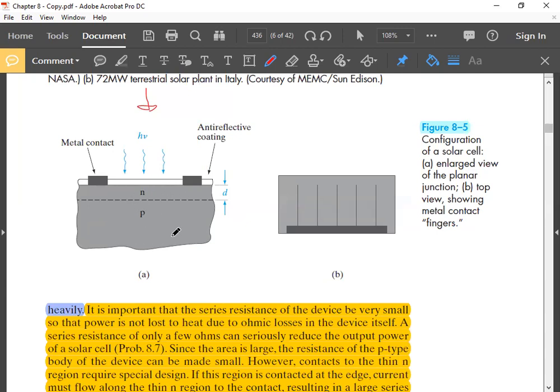Far from the surface, a very small number of photons can reach, since before they get there they will be absorbed. So the thickness of the p layer has to be adjusted considering this optical penetration depth and the electron diffusion length, so that the electrons generated close to the junction are maximized and can diffuse to the junction depletion layer.